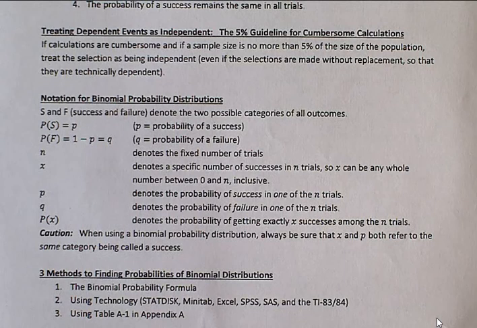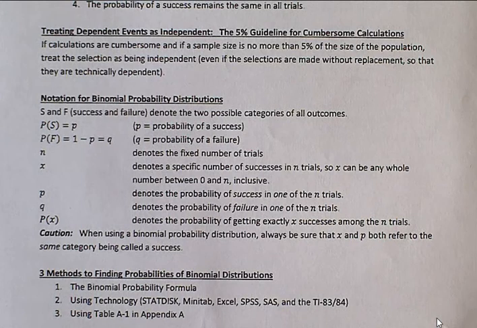There's a button for doing binomial distributions. And then there's a table. I gave you a table. You should have a copy of the table with your packet for this chapter. I'll show you what it looks like and how to use it. If you happen to be missing that, then you can just use your calculator again.